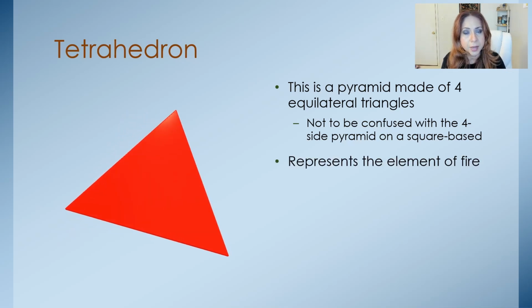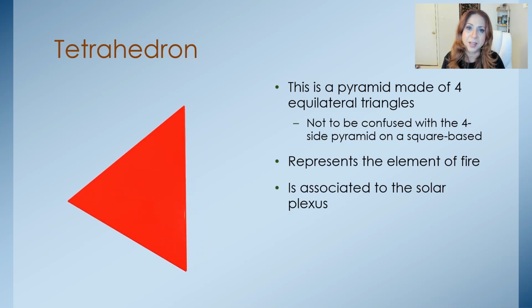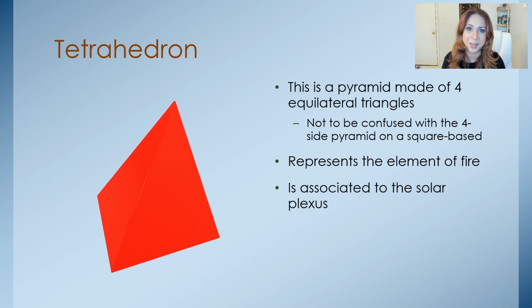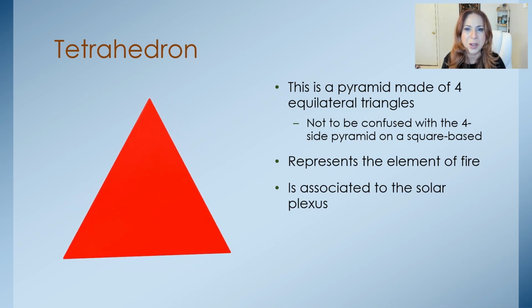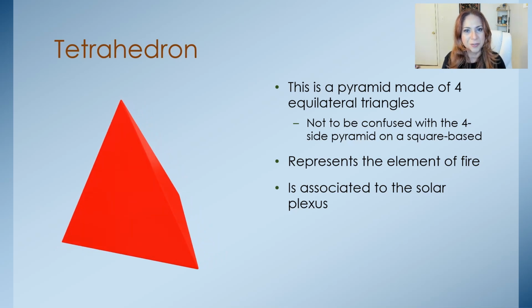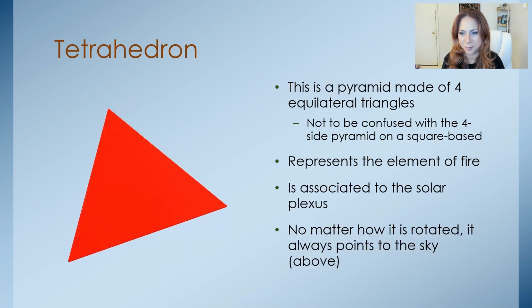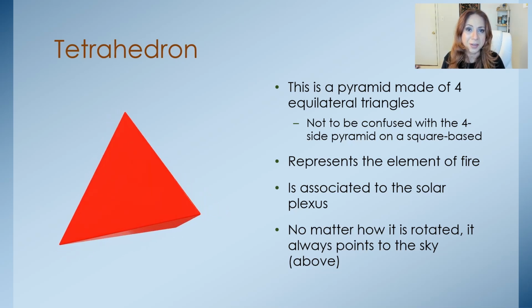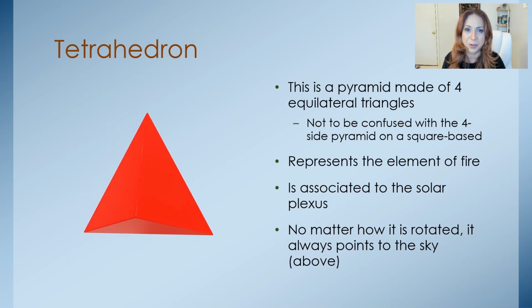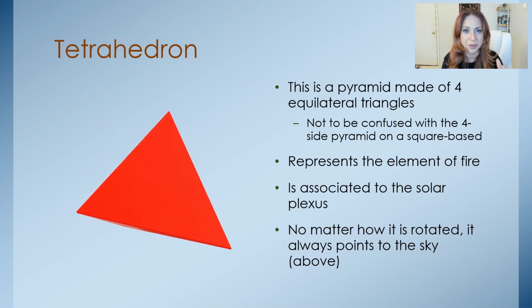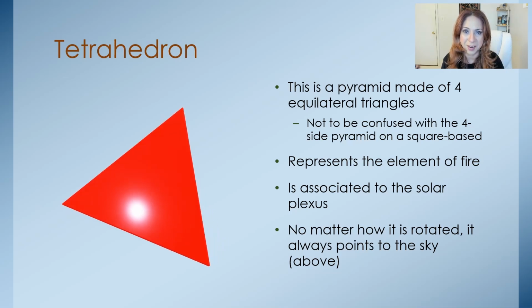This represents the element of fire and is associated to the solar plexus, and that's how you can use the magic of the Platonic solids in your sacred geometry practice. And no matter how it is rotated, and you will see if you do the experiment with a solid figure, it always points to the sky.